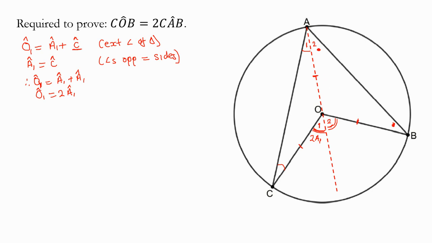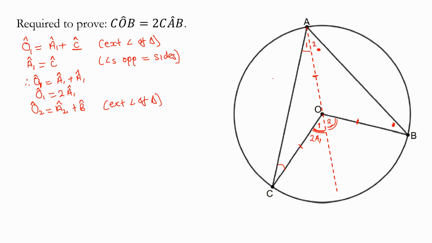So now we can see that angle O2 is equal to the sum of angle A2 and angle B. So we can say angle O2 is equal to angle A2 plus angle B. Right. Again, same thing, exterior angle of triangle.